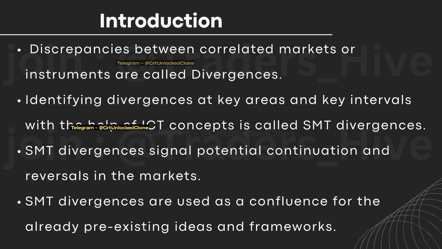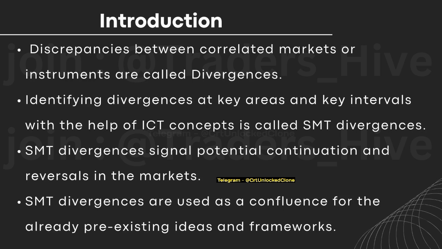With the help of SMT, we can analyze two correlated markets and assets with each other and study their structure against each other, and then based off of that, we can potentially spot discrepancies or variations, and the type of variation, discrepancy or similarity will tell us about the potential continuation or reversal in the markets, right? Now, SMT signals potential continuation and reversal in the markets, right? That's the main important thing about SMT divergences.